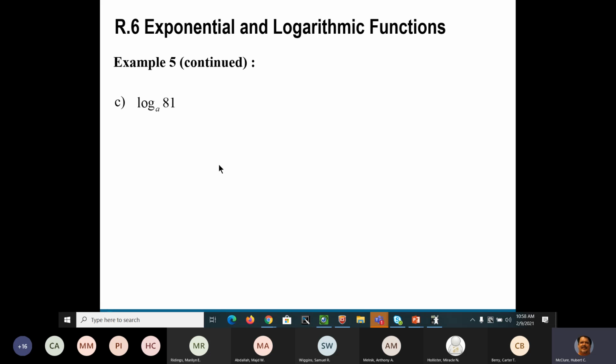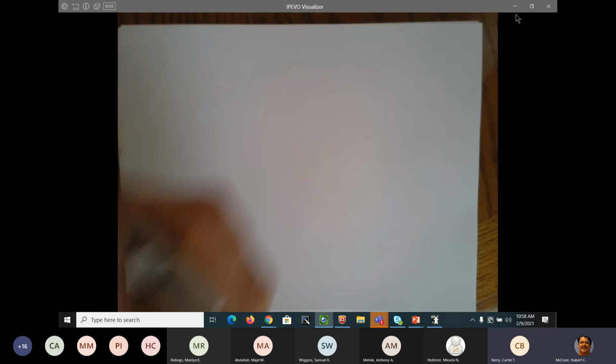Huh. All right, what does this one say? Log base 8 of 81. Well, what pops into your mind when you see log base 8 of 81? What pops in your mind when you see 81? 9. 9 to the what? Second power. Exactly.